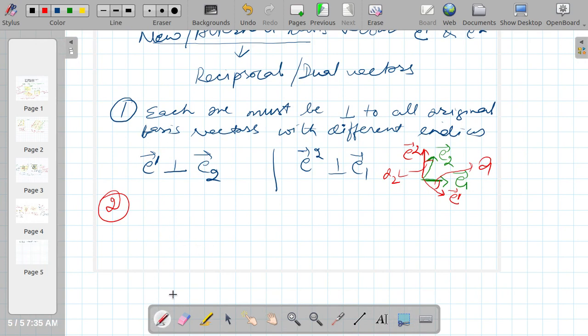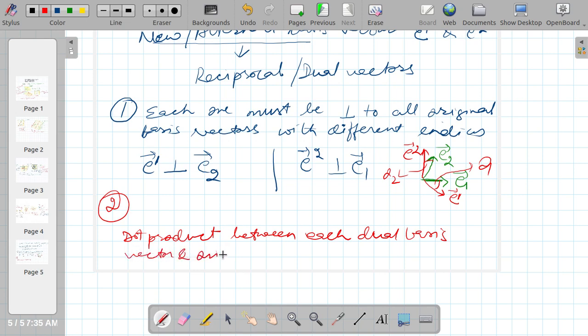The dot product between each dual basis vector and the original basis vector with the same index must be equal to 1.